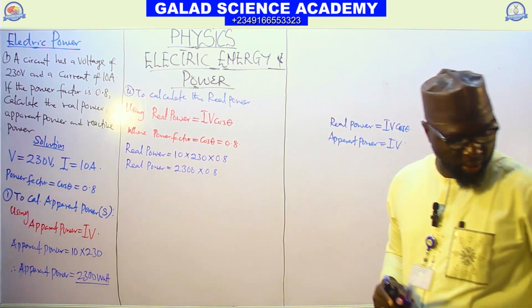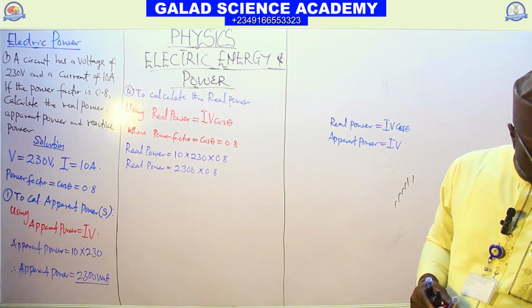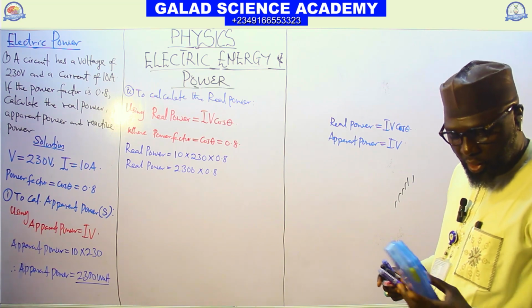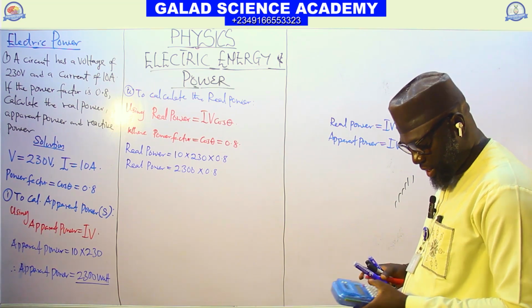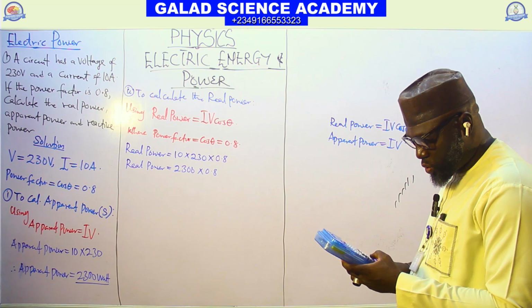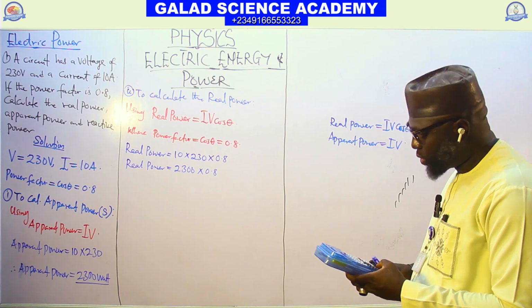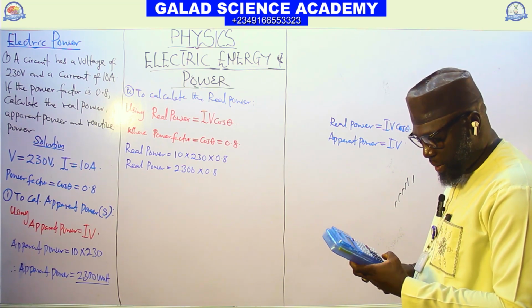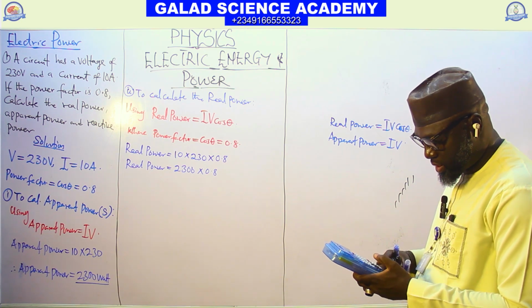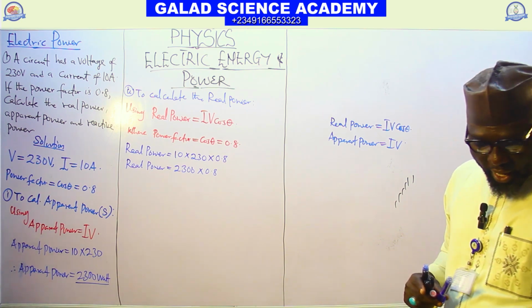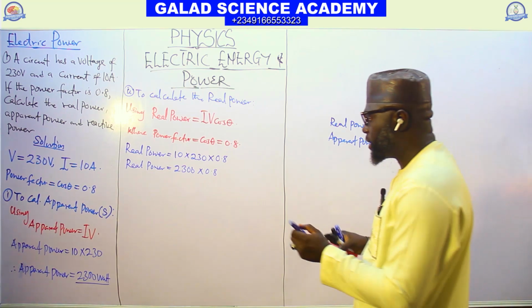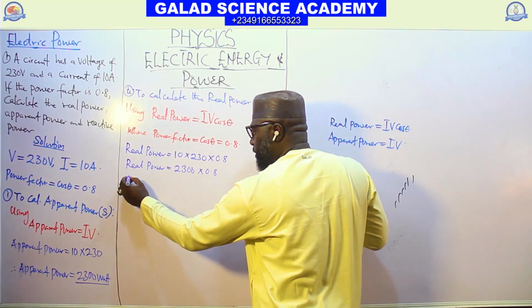Let me multiply it. 2300 multiplied by 0.8 gives us 1840.